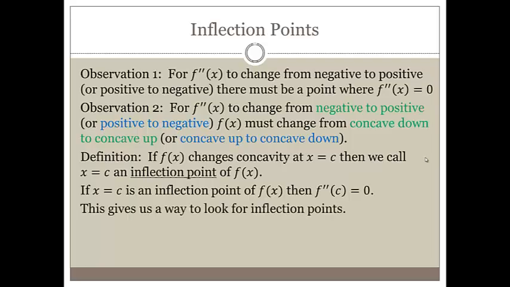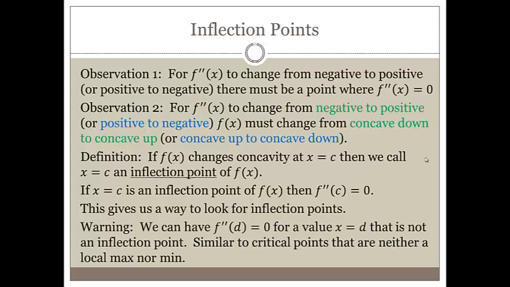This gives us an algebraic way to find inflection points. We do have to be careful though. We can have a point where f double prime at d equals 0 for some value x equals d, that is not an inflection point. This is similar to when we had critical points that are neither local max nor local min.